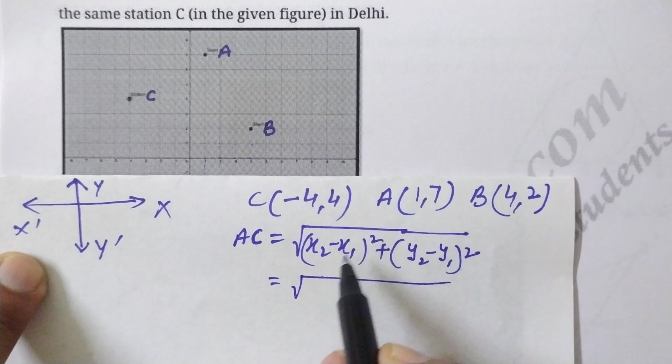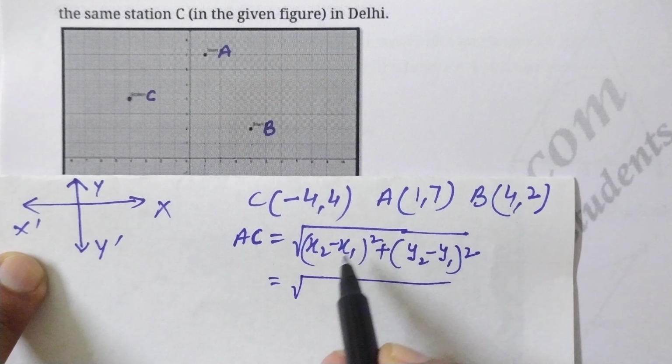The formula is area of triangle is equal to half into the absolute value of x1 into (y2 minus y3) plus x2 into (y3 minus y1) plus x3 into (y1 minus y2). So if a negative answer comes in this bracket, we will take the positive of that, because area cannot be negative. So here this is x1 y1, this is x2 y2, this is x3 y3.